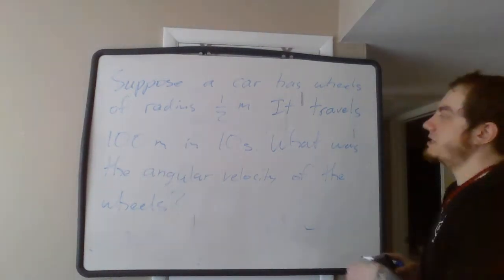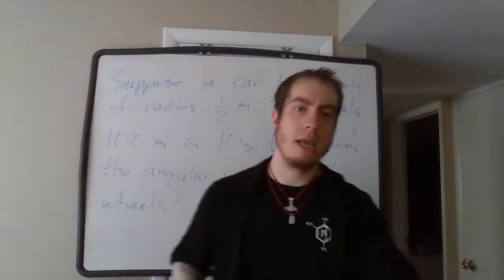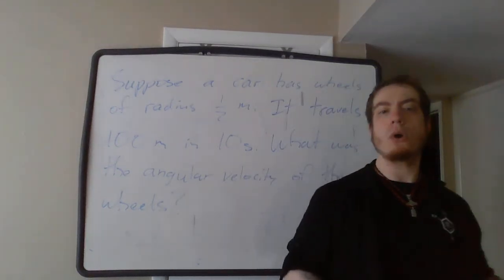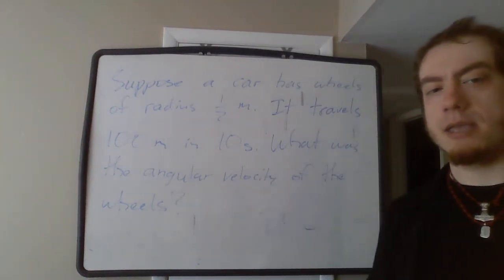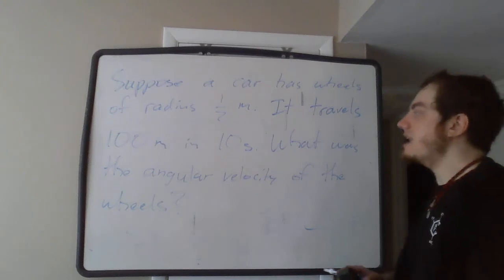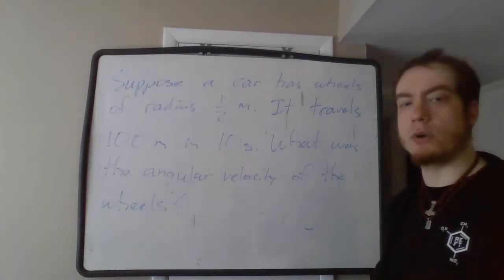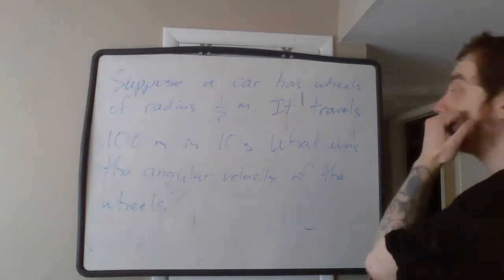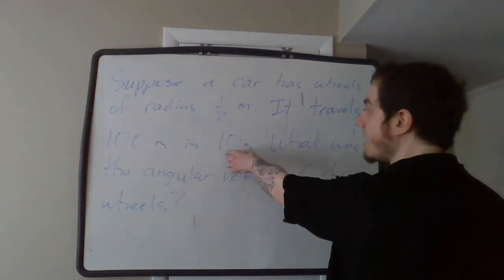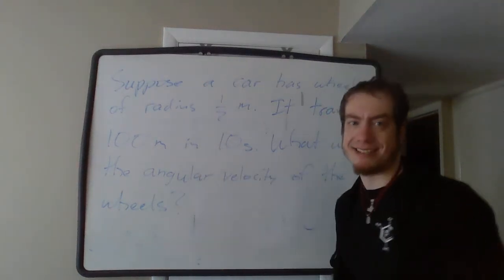Well, in order to figure this out, I need to figure out how much did the wheels turn during this time, and then divide how much did the wheels turn during this time by the time that it took to do that, which is 10 seconds in this case.